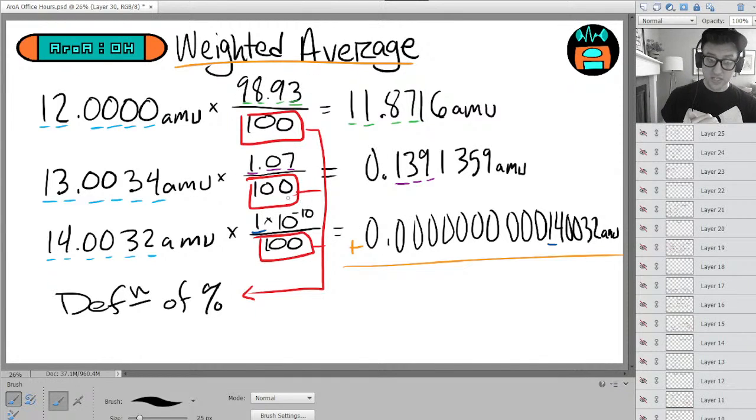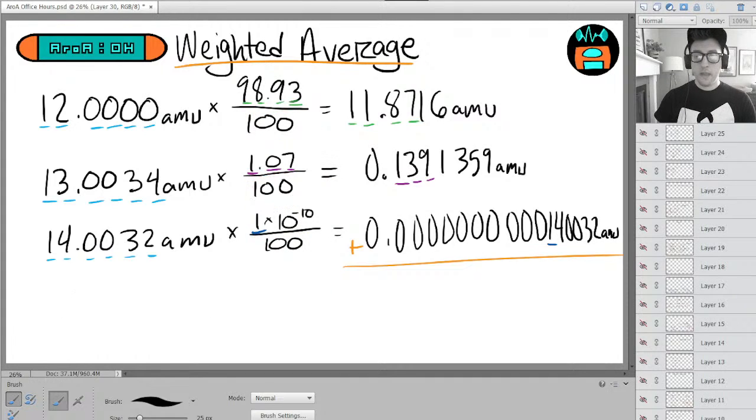So those affect our sig figs, but the 100s, that's just part of the definition. All right. Sophia, great question. Great question. All right, so now let's add these up.